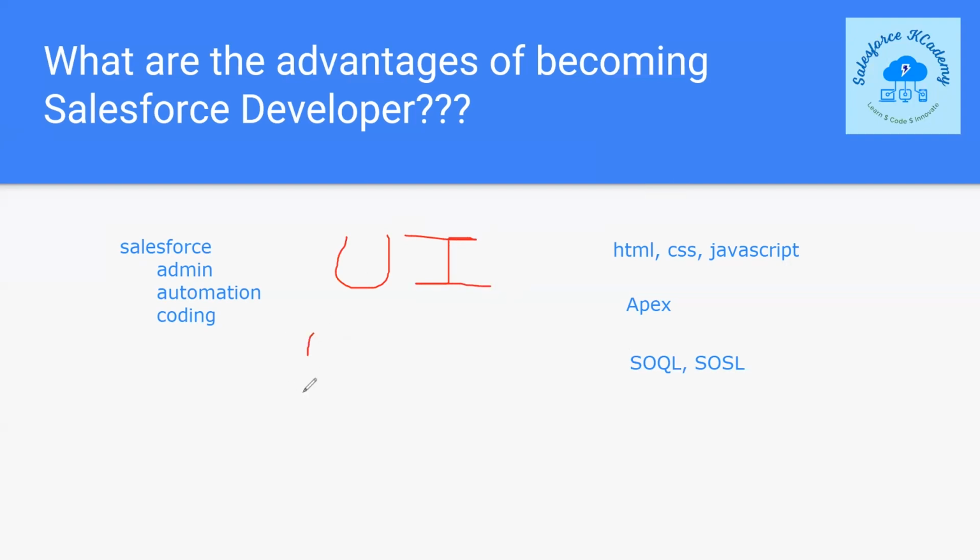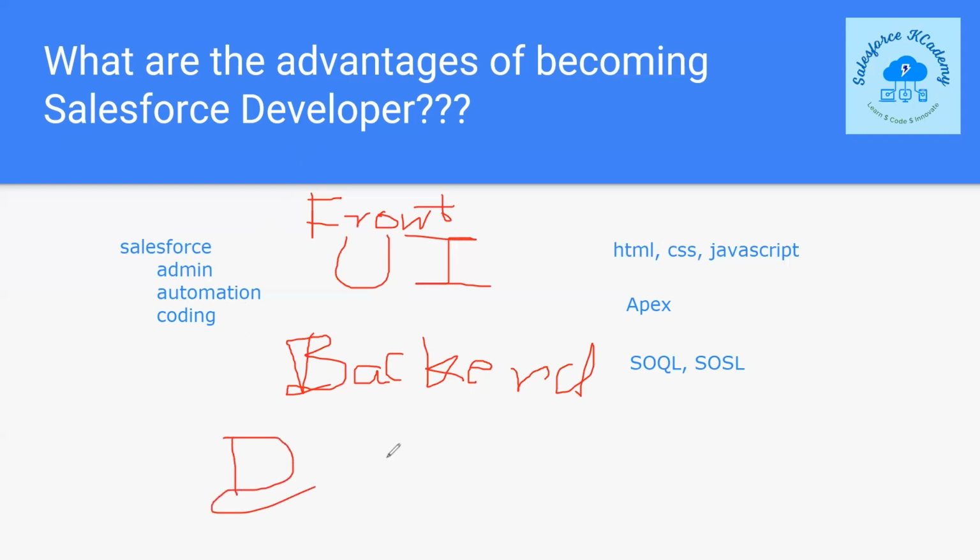Then comes the backend, or controller logic we say. So we just say backend. UI means front end. Then any system needs a database to store the application's data. So you will have DB, or database.